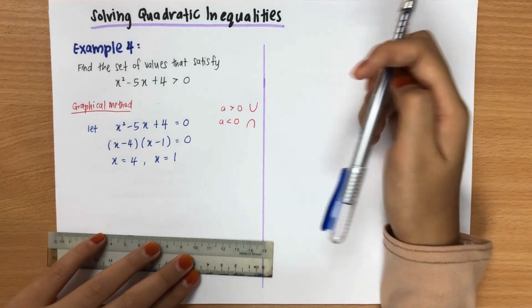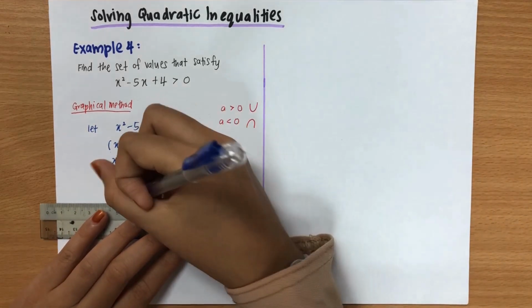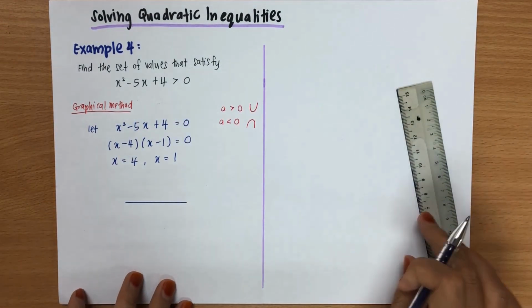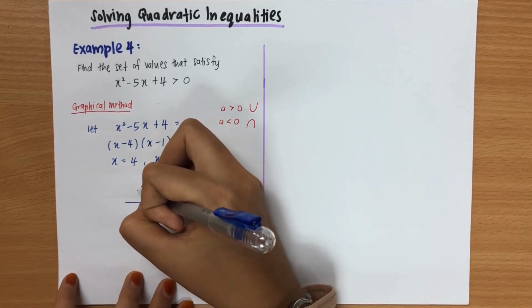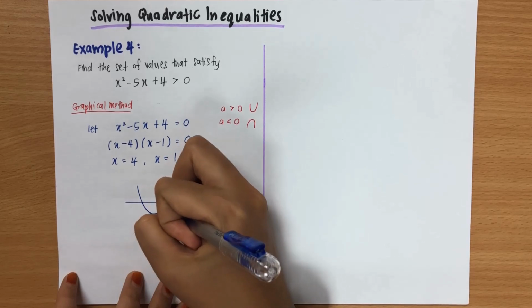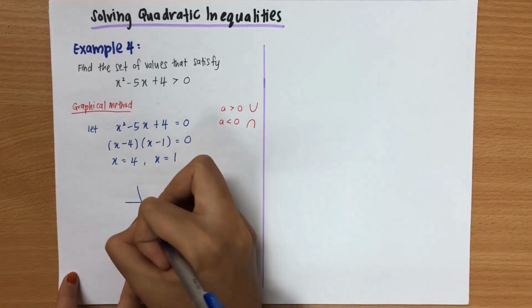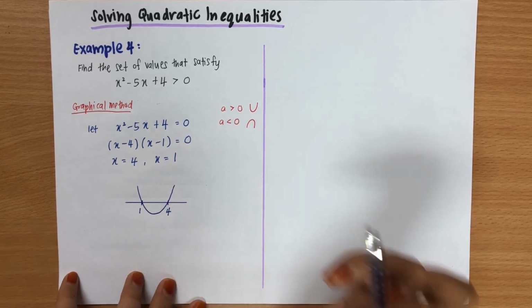For this one, just draw a straight line to represent the axis, and then sketch the graph. This is a greater than 0, so it is going to be a positive curve. Plot the factors that we have here. This is 1 and this is 4.